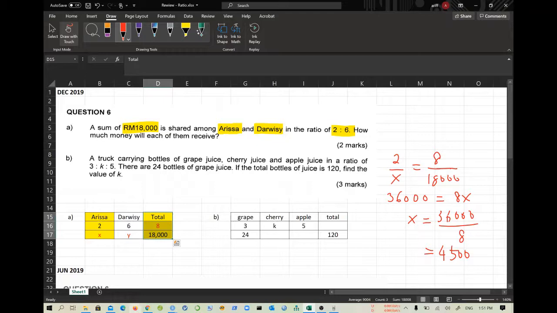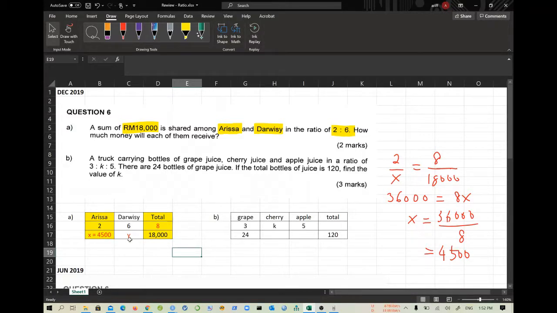So now you can replace the value of x here. So x is equal to 4,500. Once you have the x value 4,500, you can now find the value of y.